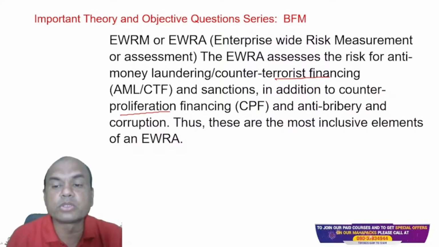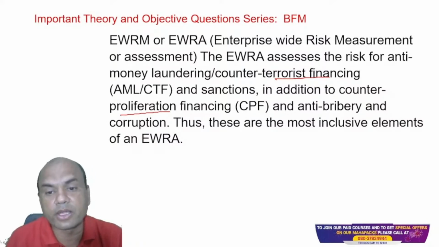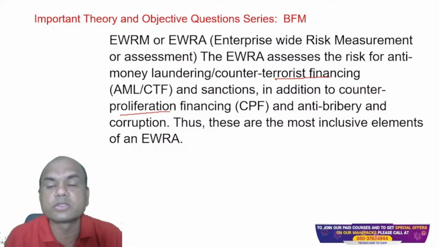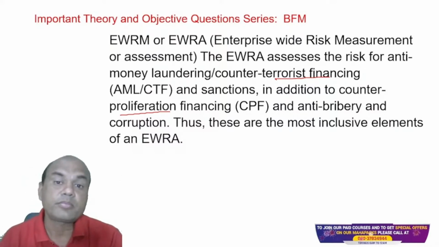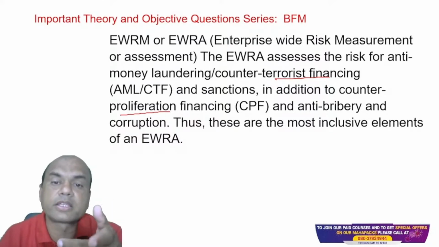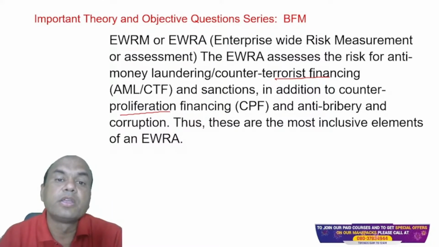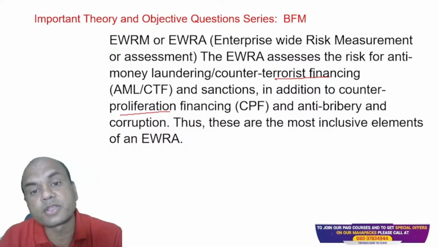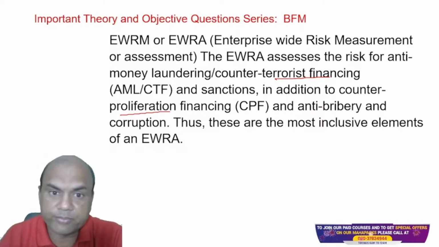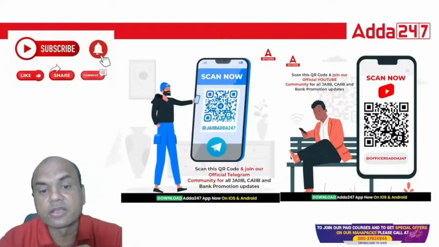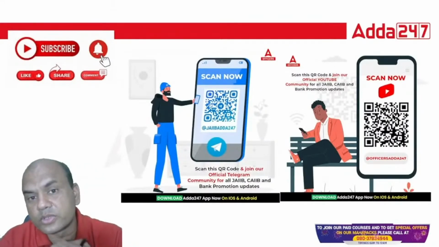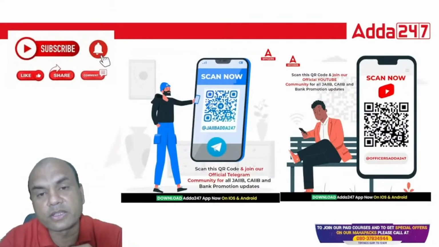Thus these are the most inclusive elements of EWRA or EWRM. Remember, whenever you are talking of enterprise-wide risk measurement, it means you are talking of the whole company, not of a specific section.